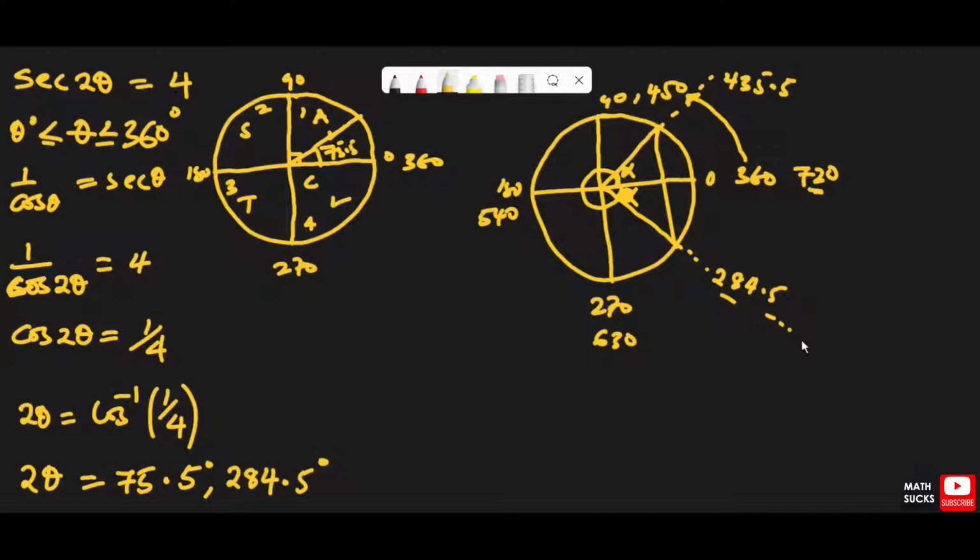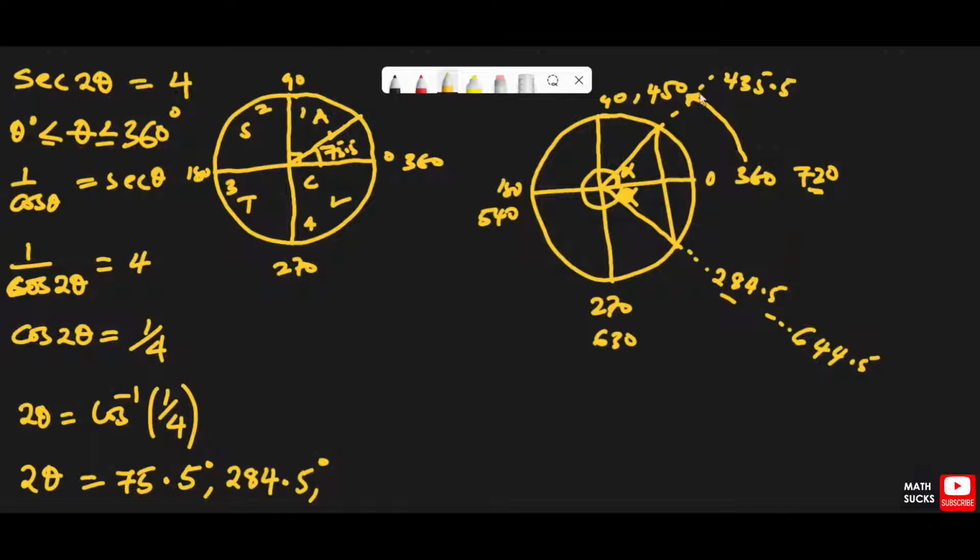So what is the possible angle here on the second rotation? It's going to be the second rotation take off that angle again. In other words, we need 720 minus 75.5, and that gives us 644.5. So what are the possible angles we have? We can write them down here.